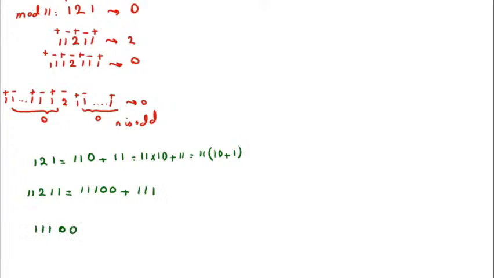Why? Because 1, 1, 1 with 2 zeros and 1, 1, 1 will be 1, 1, 2, 1, 1. And it will be 1, 1, 1 times 1000 plus 1. And it is a composite number.